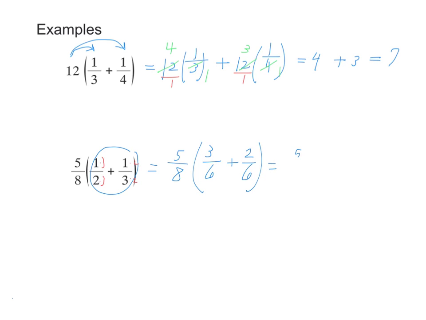Inside the parentheses, I just found a common denominator and made equivalent fractions. They add up to be 5/6. So to finish this, I'll multiply, no common denominator needed. Just go straight across the top and straight across the bottom. It's two options, either distribute or perform order of operations and do what's inside the parentheses first. Your choice, whichever seems easiest.